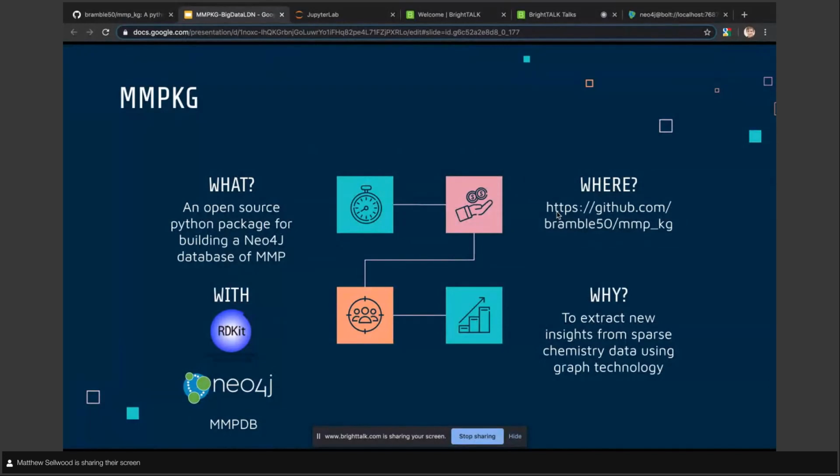So now, what is MMPKG? It stands for Matched Molecular Pair Knowledge Graph. It's an open source Python package for building a Neo4j database of matched molecular pairs. It's located on GitHub here. The reason it was built is that I was looking for a way to extract new insights from sparse chemical data using graph technology.